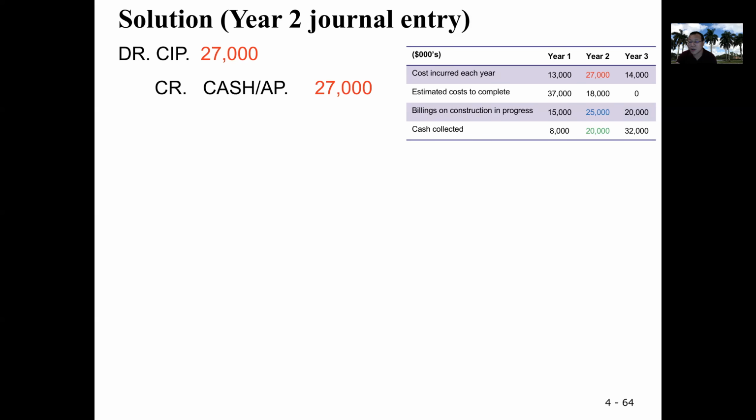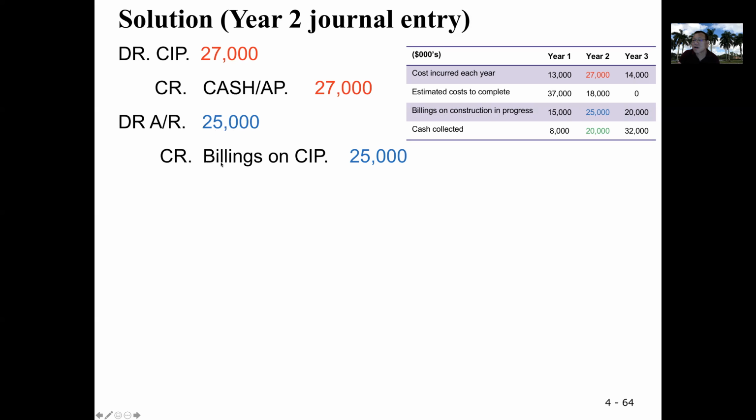Next, we are doing billings, right? Billings, you debit AR, credit billings on CIP. So the billings on CIP is 25,000. Okay, so you debit AR 25,000, credit billings on CIP 25,000.